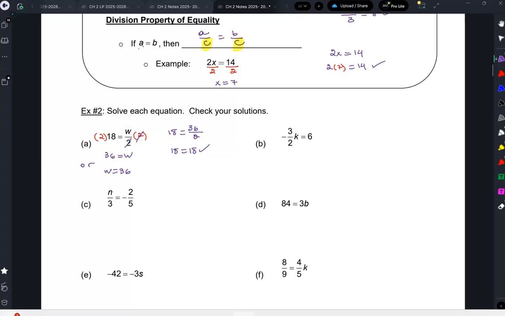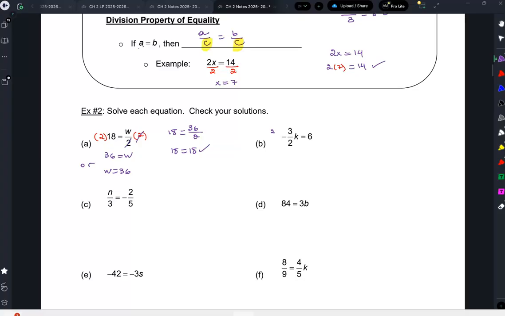Okay. Here, this is a different situation because I have k multiplied by a fraction, not just a number, and it's not just being divided by a number. It's being multiplied by a fraction. What do I multiply by? I need to multiply by 2. But then how would I get rid of the negative 3?